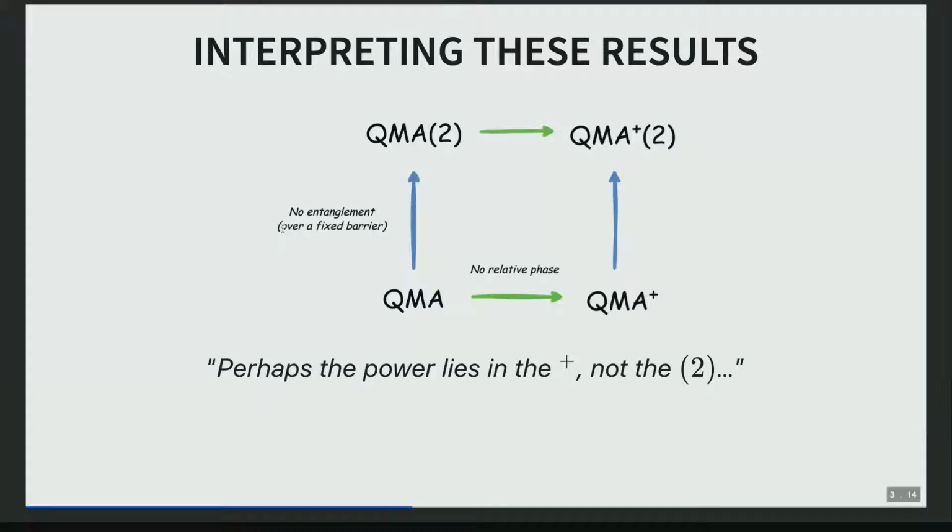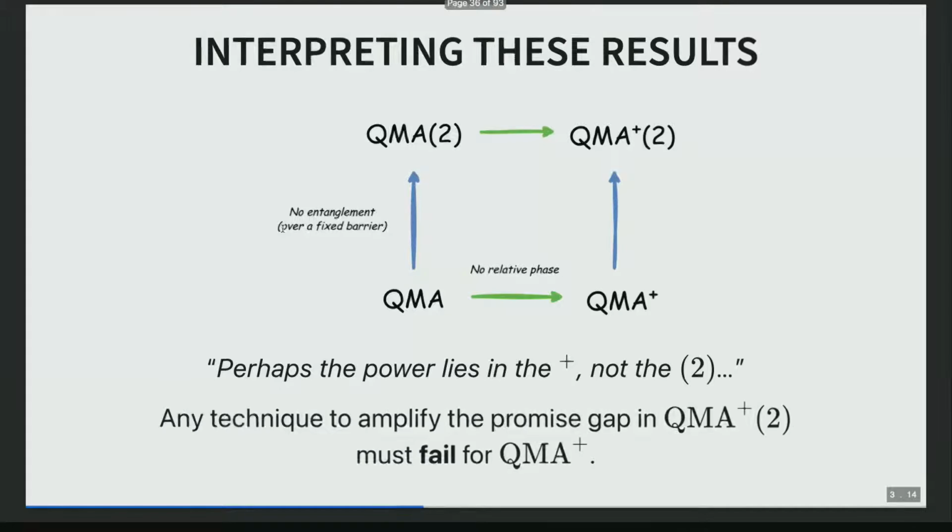Because at some constants, the classes are equal. And so at least if you're going to use positivity in QMA2 plus to study QMA2 and NEXP, whatever gap amplification technique you use cannot work for QMA plus. So you're going to have to be a lot more clever about using unentanglement and positivity to get gap amplification, if it exists at all.